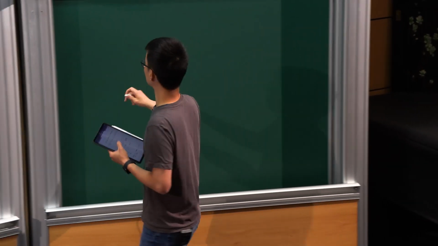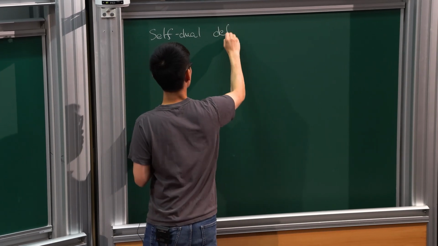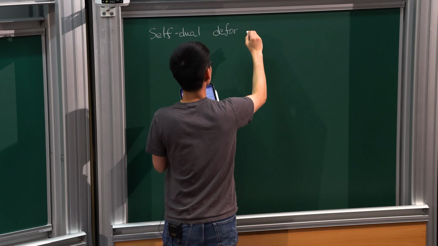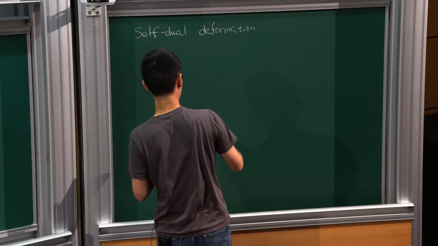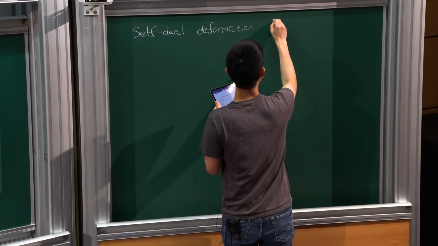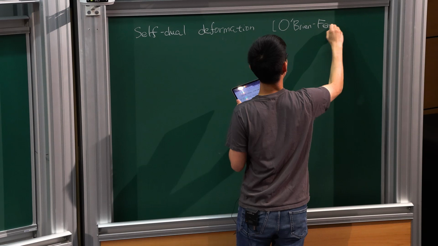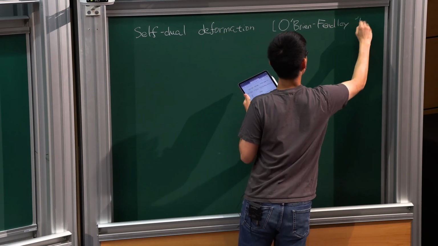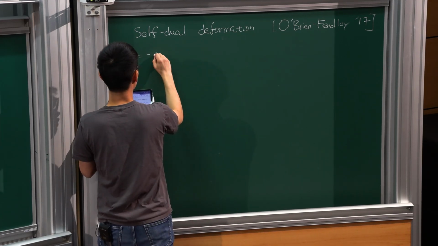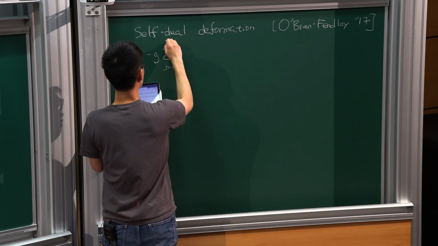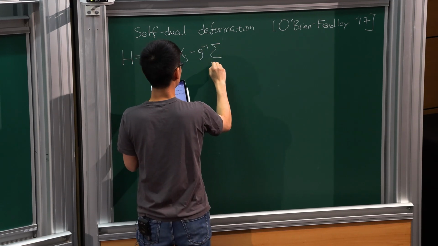Here, let me talk about one particular deformation, which will illustrate some general features of deformations that preserve the non-invertible symmetry. This example was introduced by O'Brien and Fendley in 2007. Okay. So the Hamiltonian: the first part is just the transverse field Ising Hamiltonian.